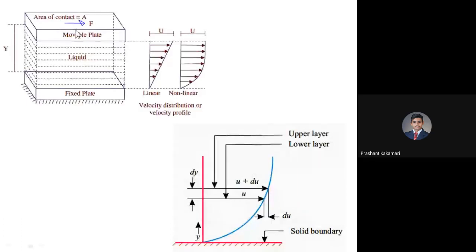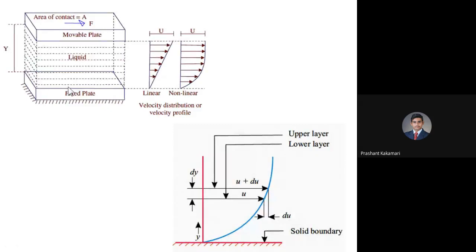As in this sketch, it is a rectangular plate here. So assume the area. And the distance y is maintained between the two plates, the moving and fixed plates. If I go on reducing this distance to a very low value, very near to the fixed plate, what may happen?